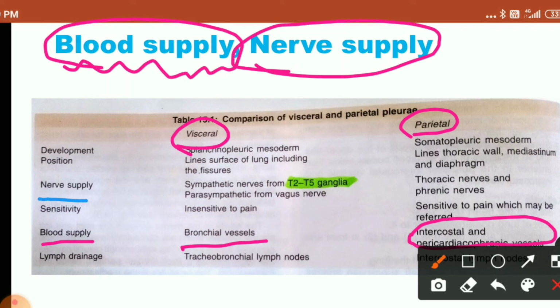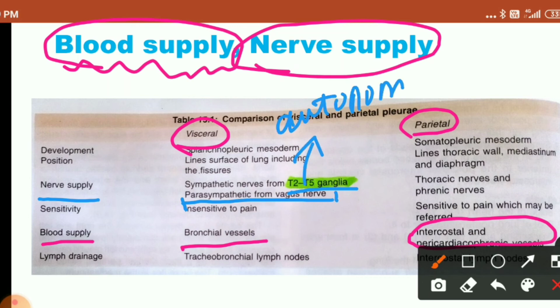Now you come to the nerve supply. Here you have to see one very clinical significance, that the visceral pleura is supplied by T2 to T5 ganglia, parasympathetic from vagus nerve. So basically it is the autonomic nerve. Yes. So visceral pleura is supplied by autonomic nervous system.